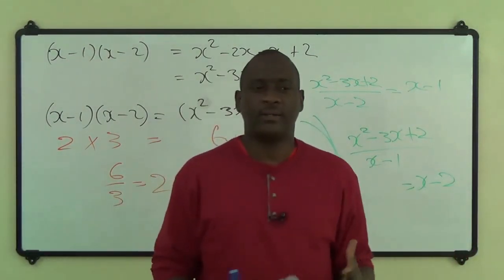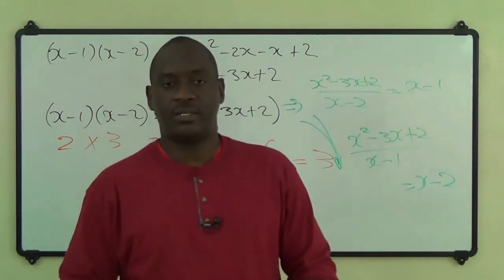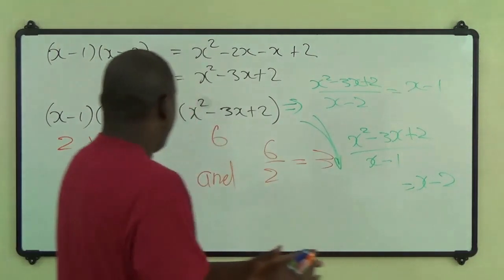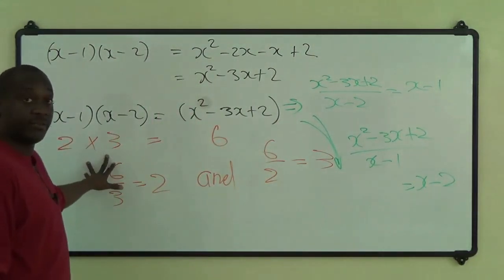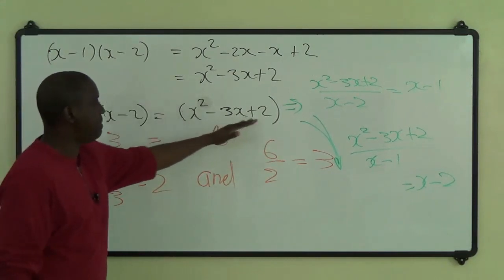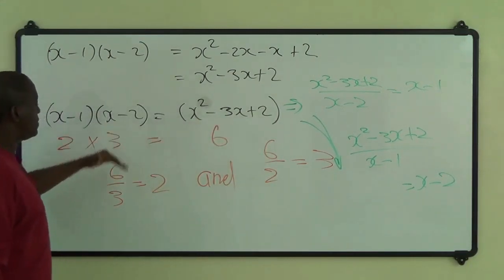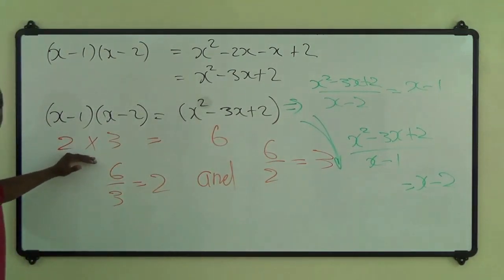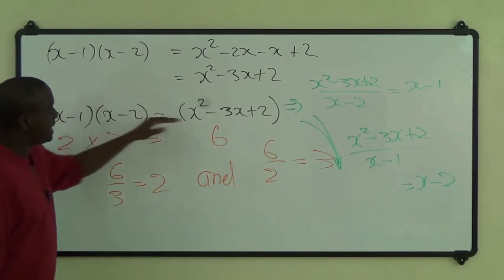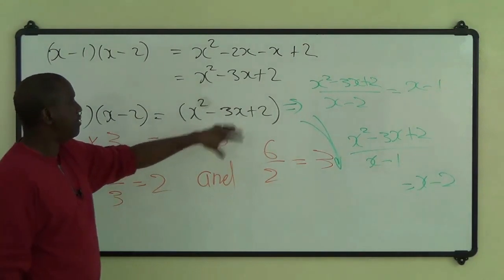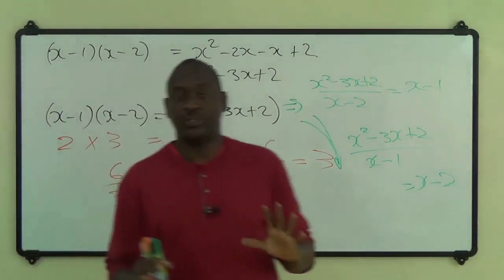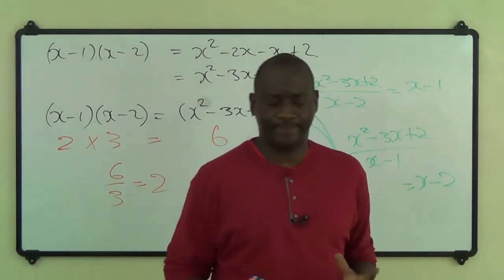You know that simply because you transfer the concept from regular integers that you're familiar with into a new situation that you might be a little unfamiliar with. So instead of dealing with integers, you're dealing with expressions now, and the expressions involve an unknown quantity which we denote by the letter x.